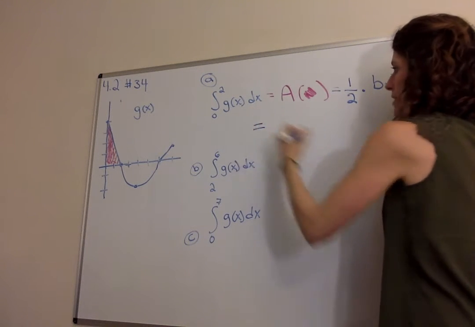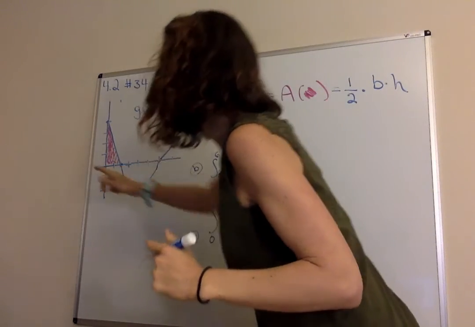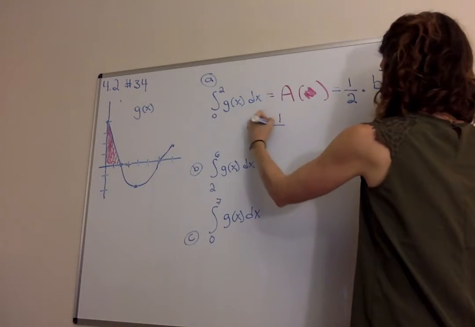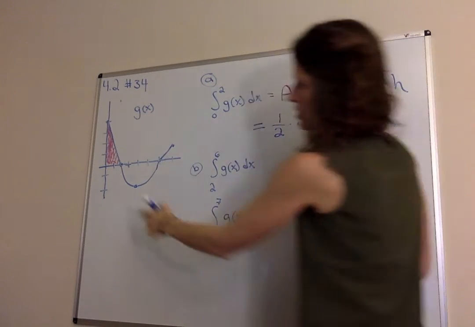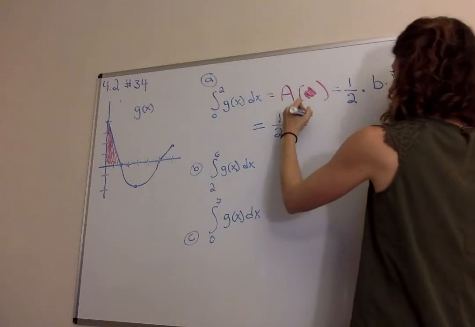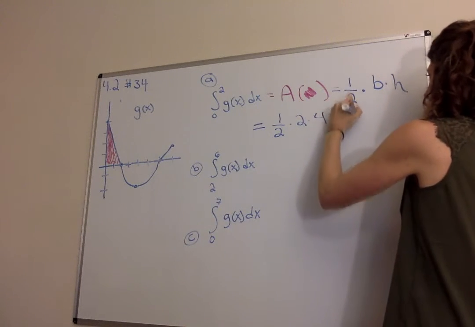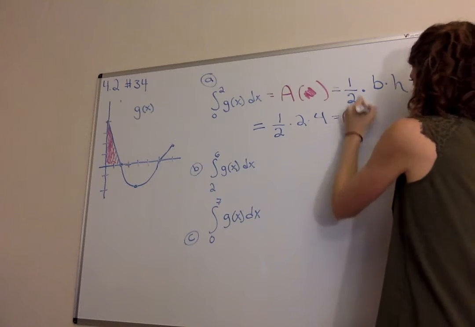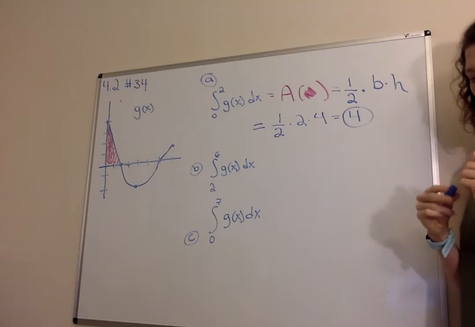In this case, the base of our triangle is 2 units, so I have 1/2 times 2. The height of our triangle is this height on the y-axis, which is 1, 2, 3, 4. So times 4, multiplying that all out, I get 4. That's going to be my answer for part A, just 4.